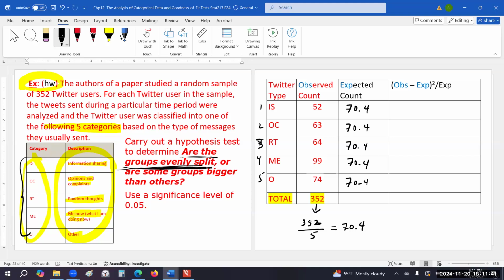So we have observed minus expected. So 52 minus 70.4, we square the quantity and divide by 70.4. We do the same thing for each one of them. 63 minus 70.4 squared, and then divide by 70.4. So keep doing it.